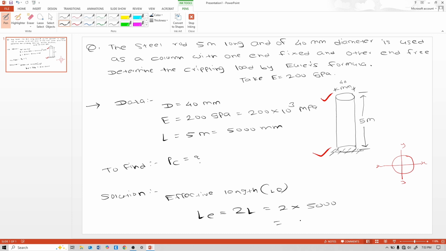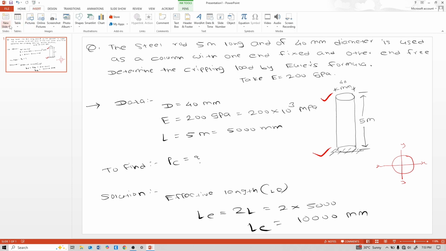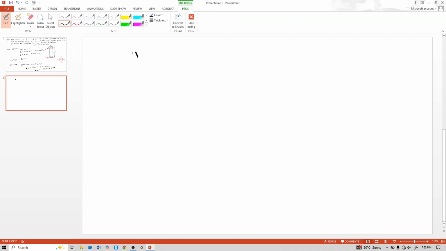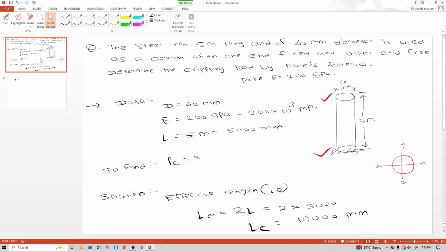So the effective length is 10,000 mm. Next, our objective is to find the moment of inertia. Always use the least moment of inertia because of safer design.